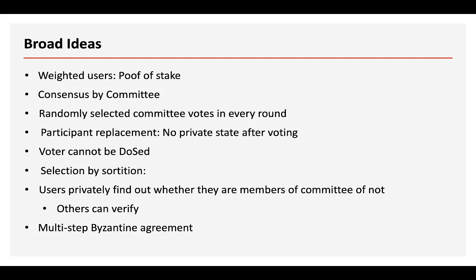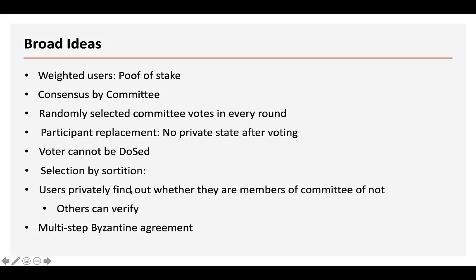Selection is done by this process of using VRFs, or verifiable random functions. This process is called sortition. Everybody self-selects based on the computation of a random function, and then everybody can verify, because during this process of generating this information, there is a proof that can be verified of whether it belongs to the committee or not.